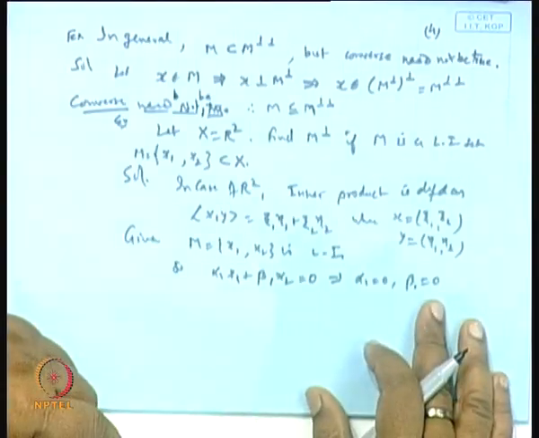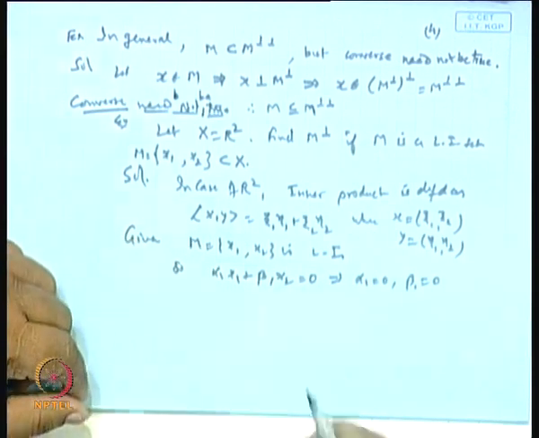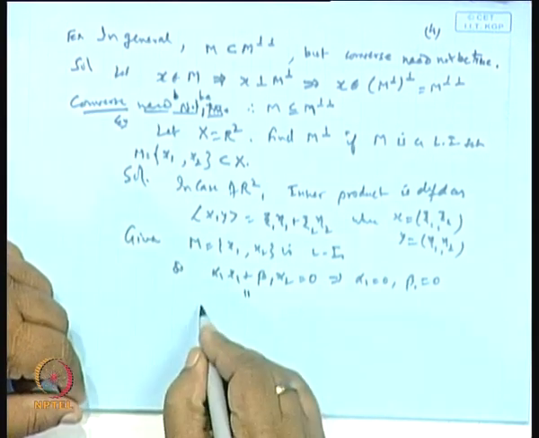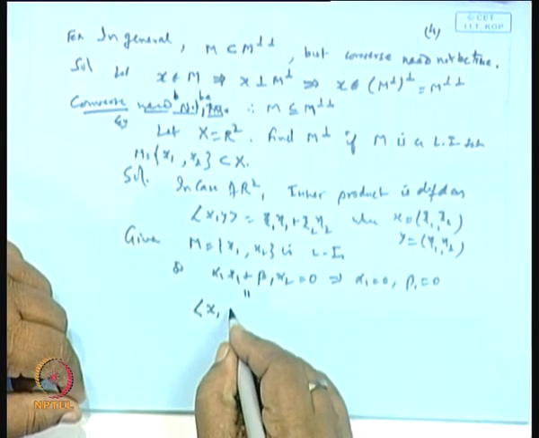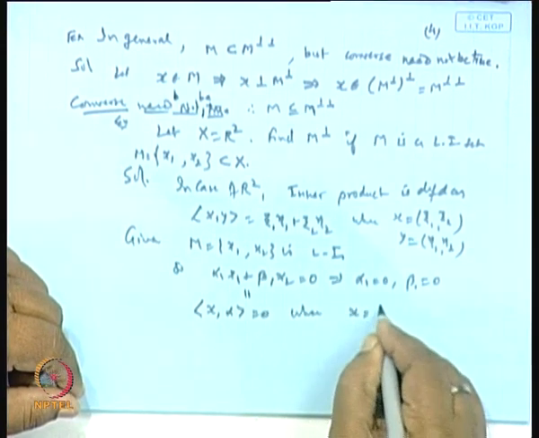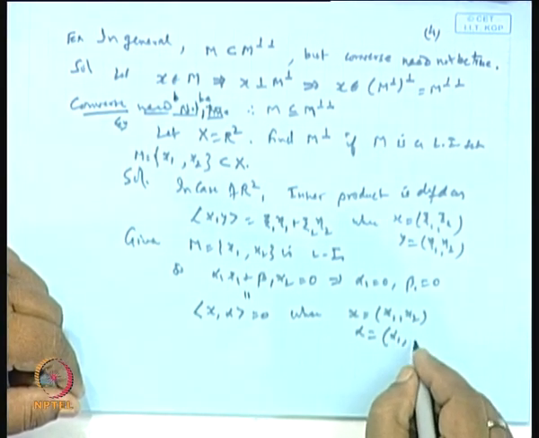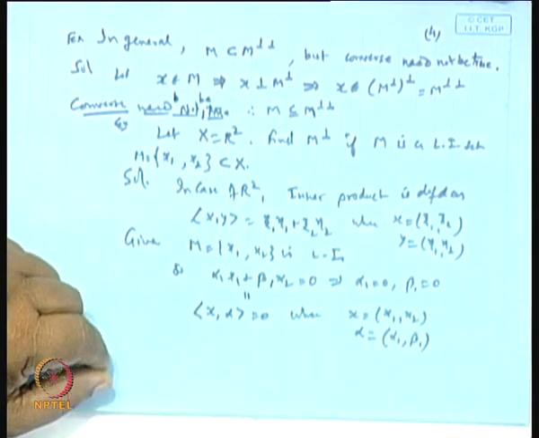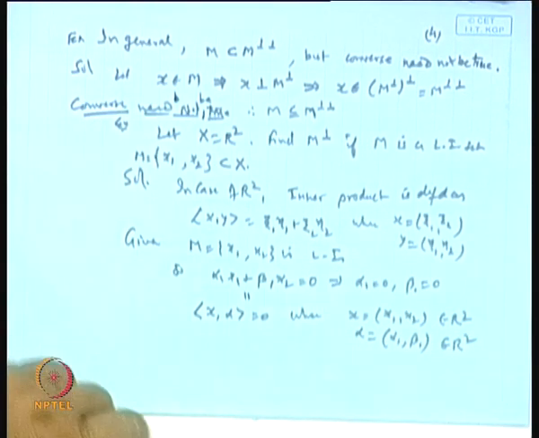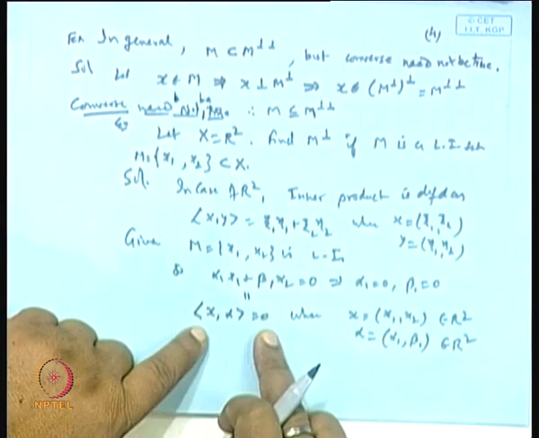It means this is basically the inner product of x comma alpha, which is 0, where x is (x1, x2), alpha is (alpha1, beta1). This is also in R2. Clear?